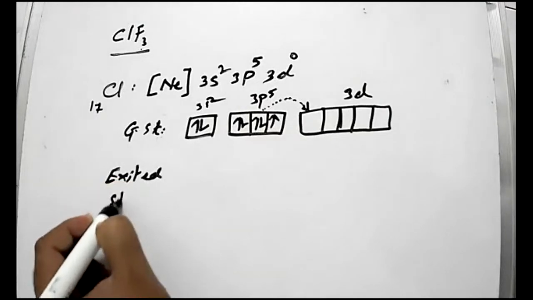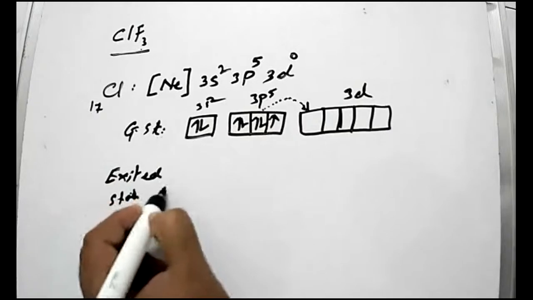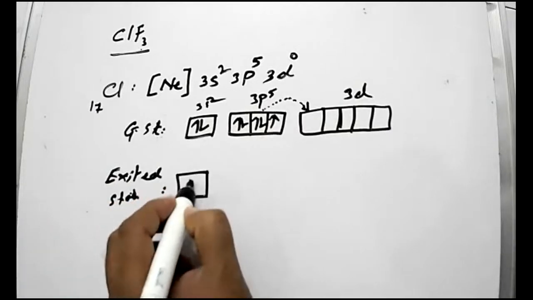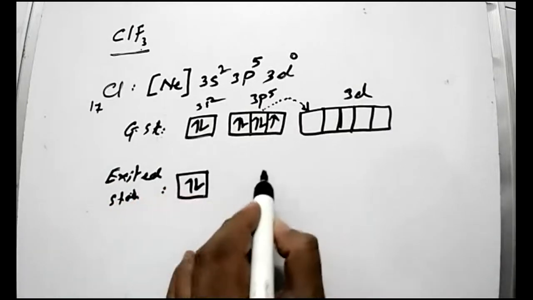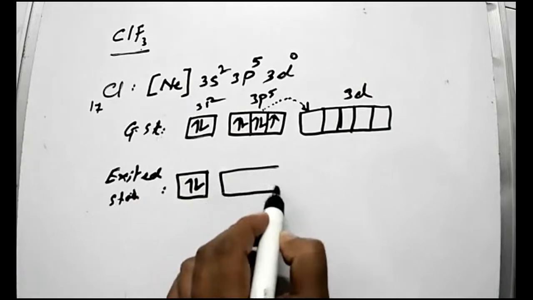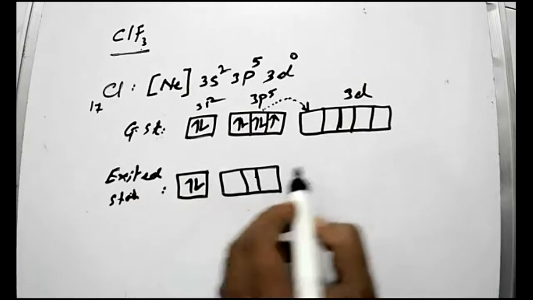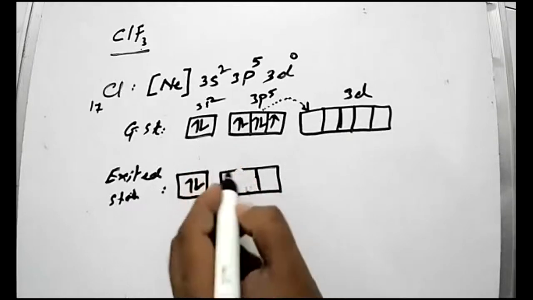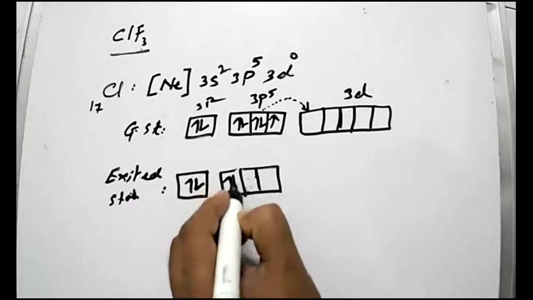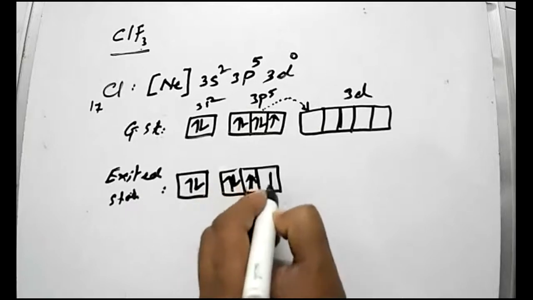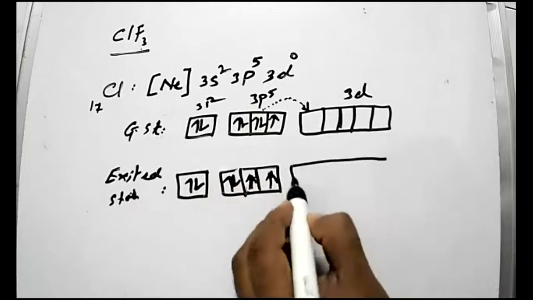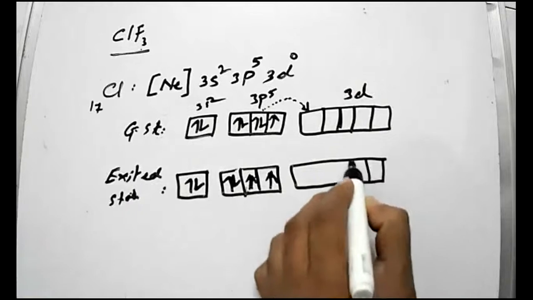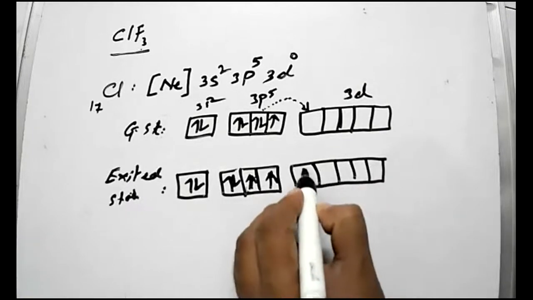We can write it like this. Here the 2 electrons in 3s will be as they are, but in the p orbital, two electrons become single, one pair remains as it is, and one electron goes to the d orbital, like this.